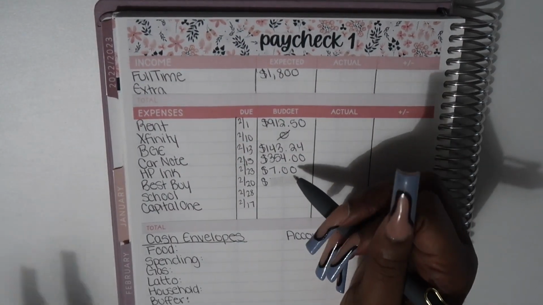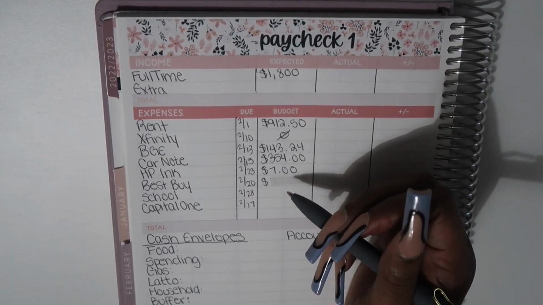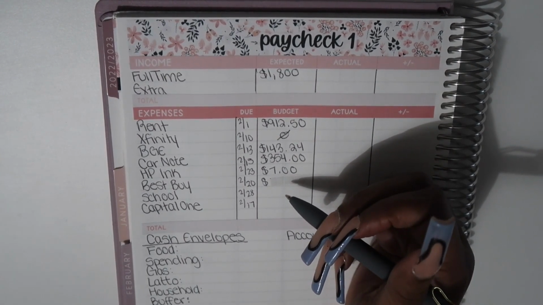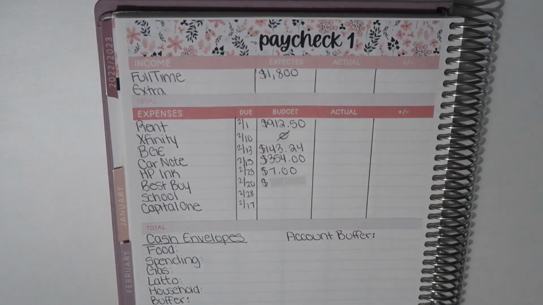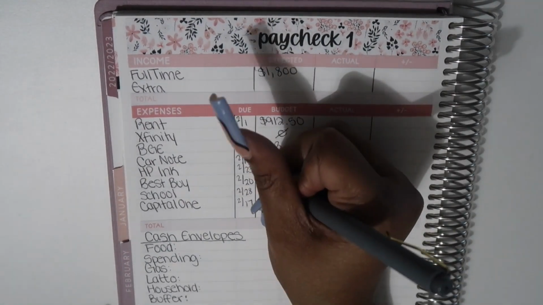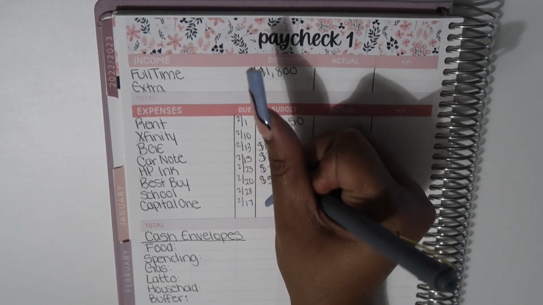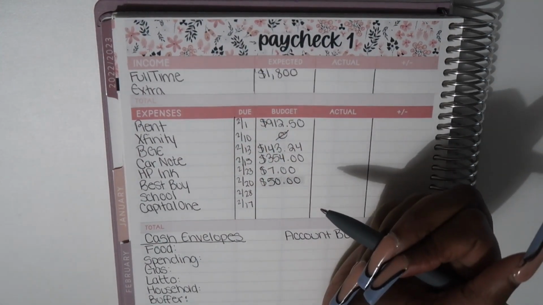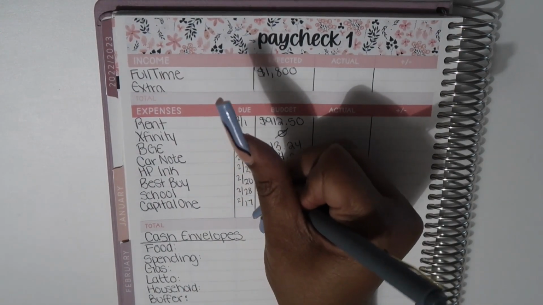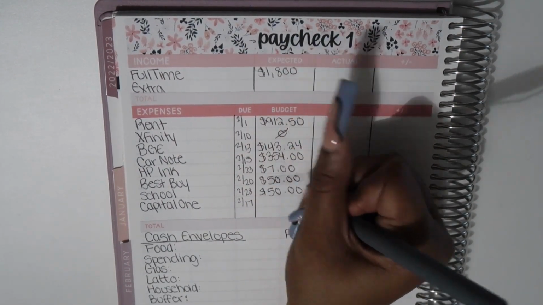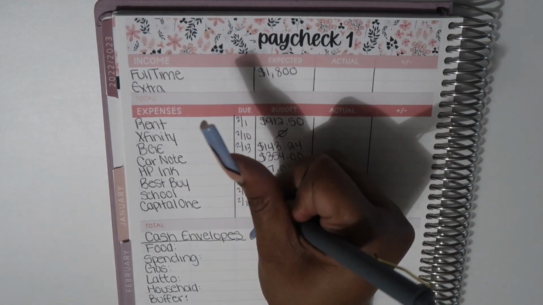The bill is $77, but by the end of the month, I'm going to put, I think, $100 on this. So I'm paying over the bill, but I do want to make sure I know how much the bill is. So that's going to get paid. My school is going to get $50 this week, and this Capital One is going to get $25.